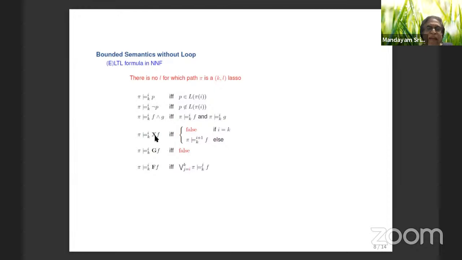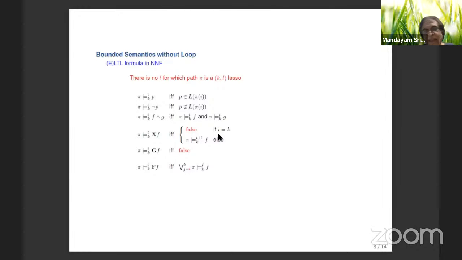So if I have X of F on path pi starting from I, I'm looking at the K prefix of that path, defining the satisfaction of the path from I to K. So when is X of F true? If F is true at the next index.